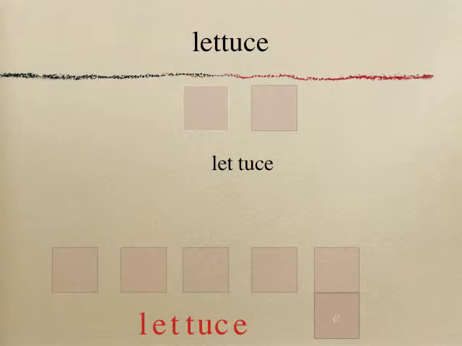The E is usually silent. So we're going to allow for that one this time. So we have lettuce. And notice, guys, the C makes the S sound, and that's because the E follows it. When C is followed by I, E, or Y, it makes an S sound.